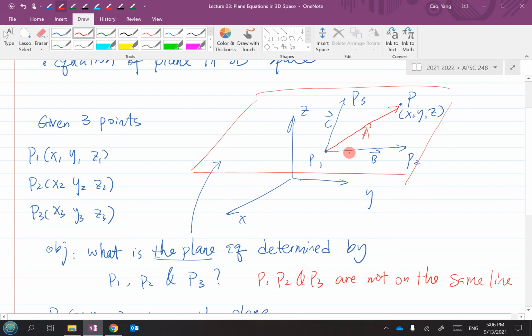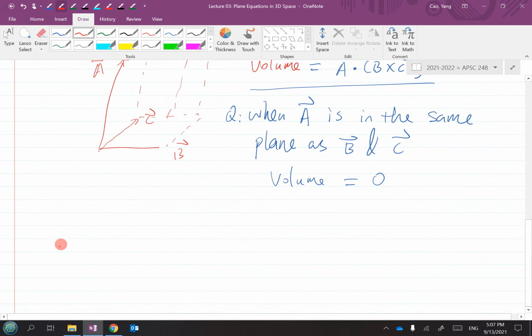The only difference is that in this case A is in the same plane as B and C. So for the specific situation we are looking at, I can immediately write down, based on this formula, P1P, which is like the vector A, dot the B cross C. So B is P1P2 cross C, which is P1P3, equal to 0.